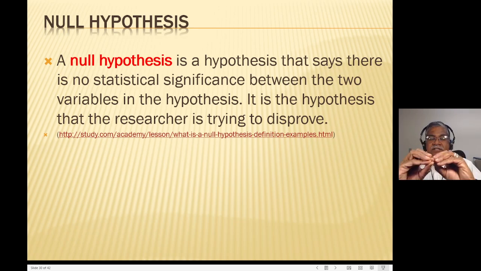But when you nullify that hypothesis, you're stating the other way around. Say you're studying two parameters, let's say temperature and wind, to predict rain. Let's keep it simple, just temperature and wind.